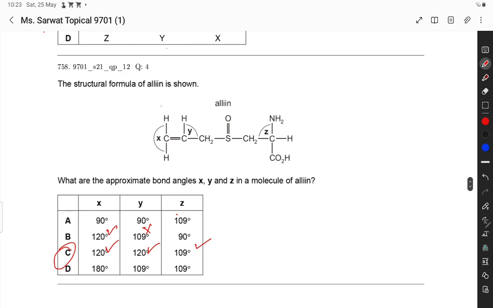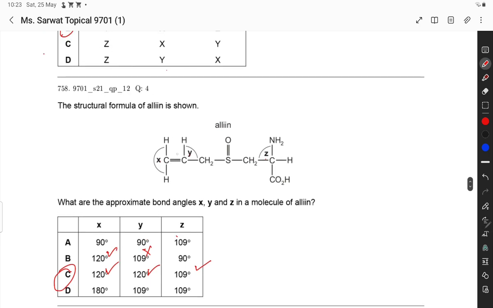The structural formula of allene is shown. This is X, Y and Z. X carbon is surrounded by 3 other atoms, so X is trigonal, and trigonal is 120 degrees.